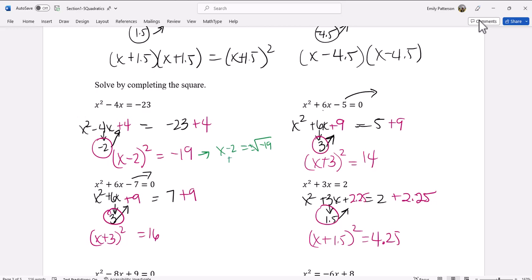So we add 2. So I've got x is equal to plus or minus the square root of negative 19 plus 2. Or we take that negative 1 out, we say plus or minus i square root of 19 plus 2.